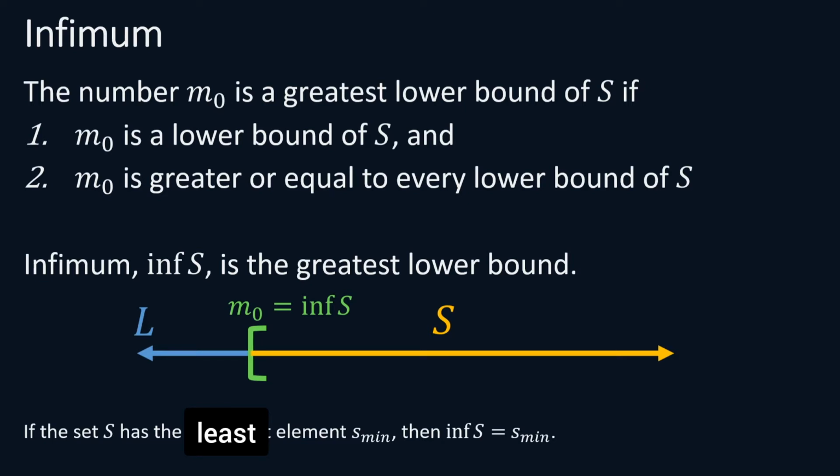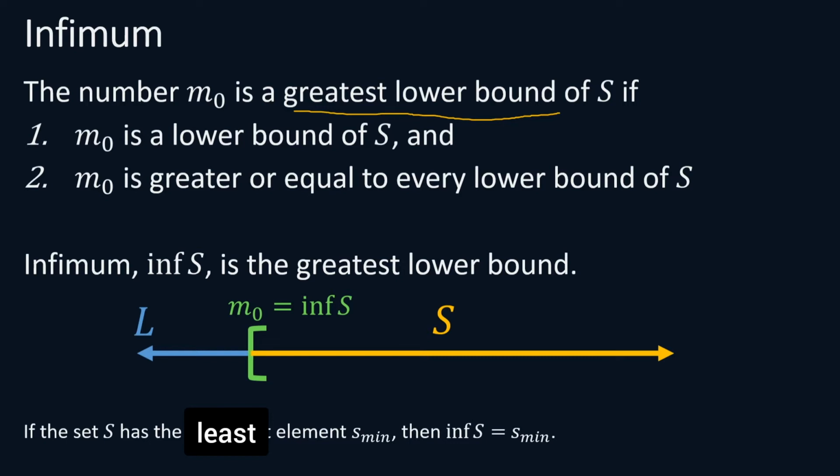Here is the definition. The number m sub 0 is a greatest lower bound of S if, number 1, m sub 0 is a lower bound of S, and number 2, m sub 0 is greater than or equal to every lower bound of S. So this is the greatest lower bound, and it is referred to as infimum.